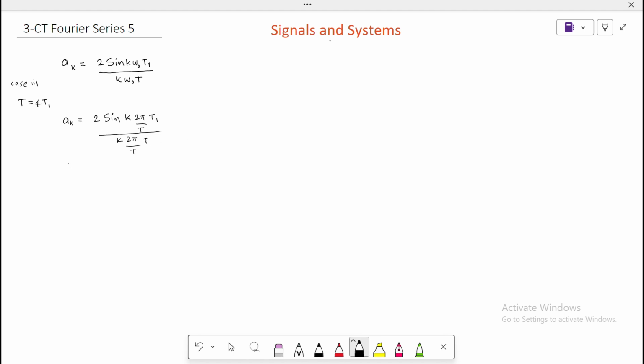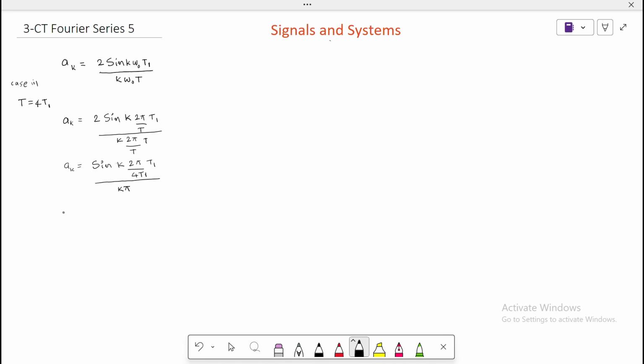So that equals sine of k 2 pi by 4, so here we will get k pi by 2.